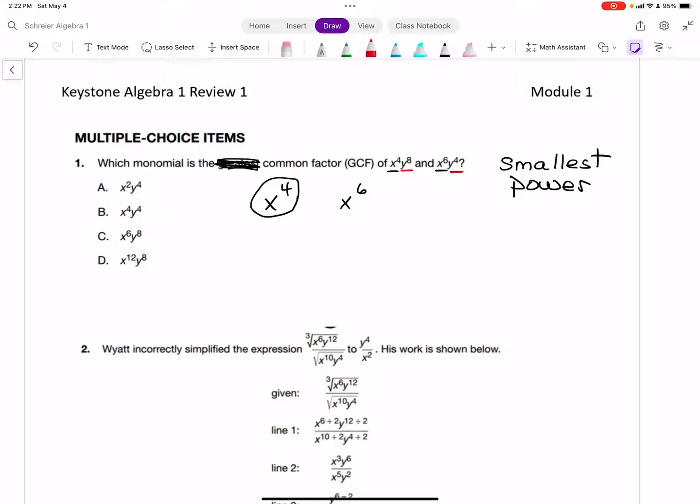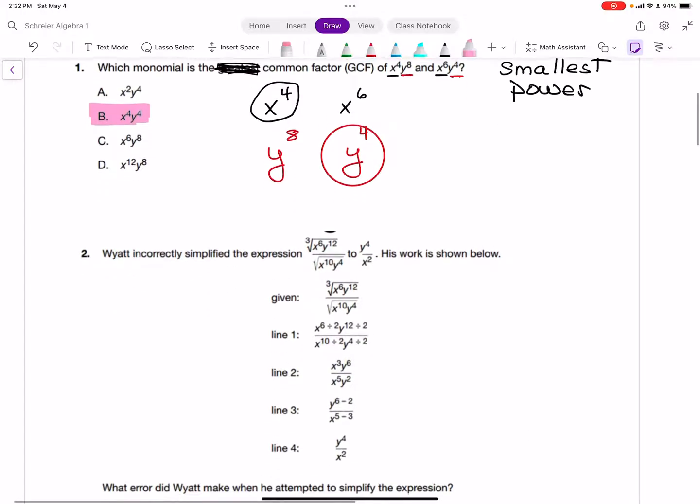We have y to the 8th and y to the 4th, and the smallest power of the y's is this 4 factors of y here. As a result, our answer should be x to the 4th and y to the 4th. So when you're finding the greatest common factor and you're dealing with variables, it's actually the smallest power of the variable. Let's look at our second problem.